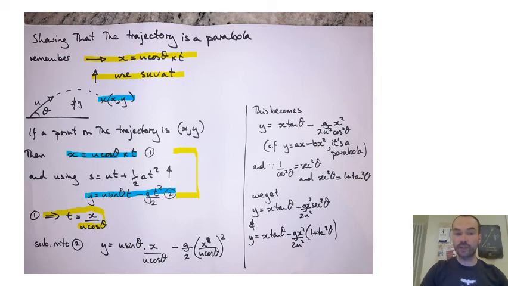Sub into 2 and we get this, which is that. So if we're assuming for a particular question that theta and u are constants, this is the equation of a parabola, isn't it? Because this is similar to ax take bx squared.